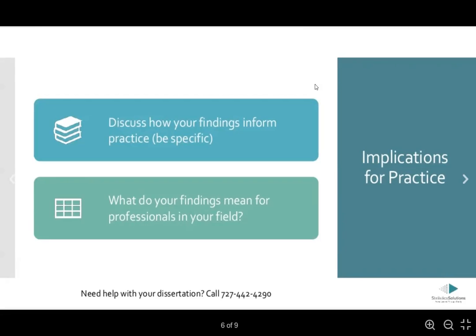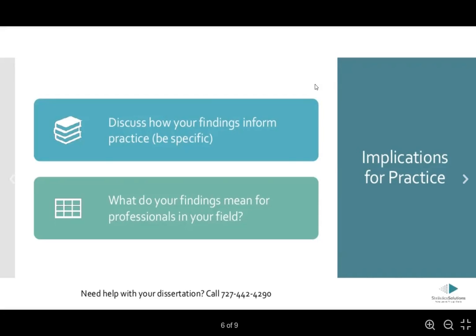Let's say you were doing a study of nurse practitioners working in rural clinical settings. If that's what your study is about, you want to take those findings and talk about, based on everything I found, how can this affect nurse practitioners in that setting? What did I find that can help, or what did I find that hinders their practice?